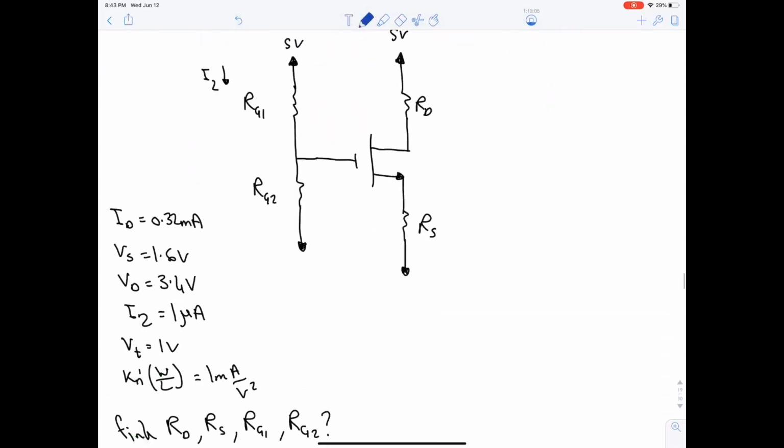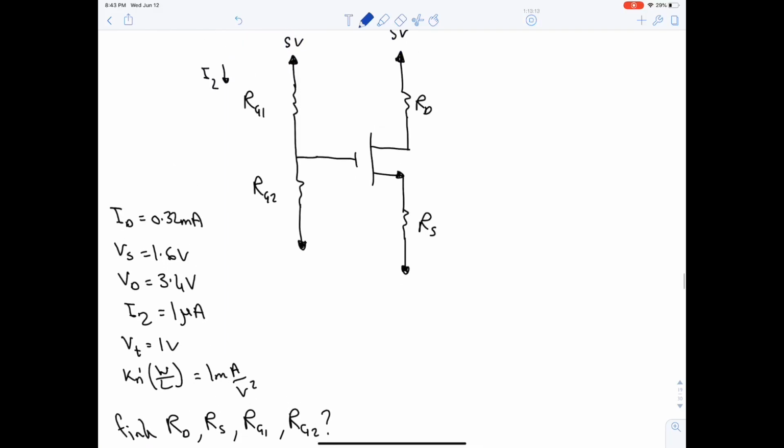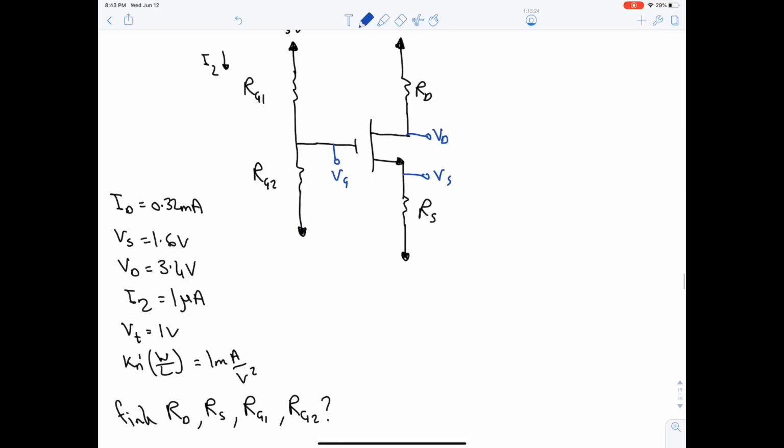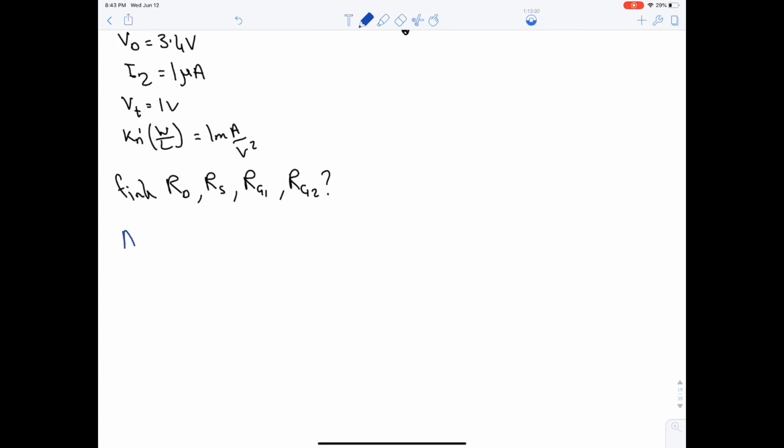Next question. We need to find the 4 R's. We are given VD, we are given VS, and we are given VG. No, we're not given VG, okay? And we're given ID also. Okay, so the first thing that you have to do is assume saturation.